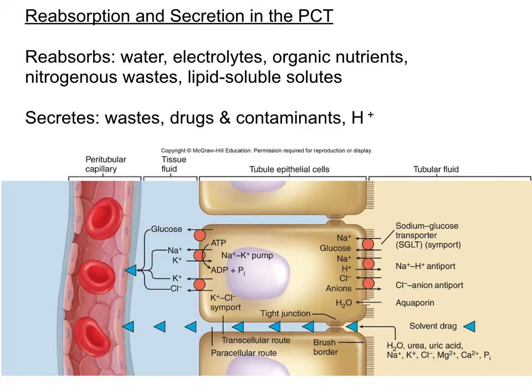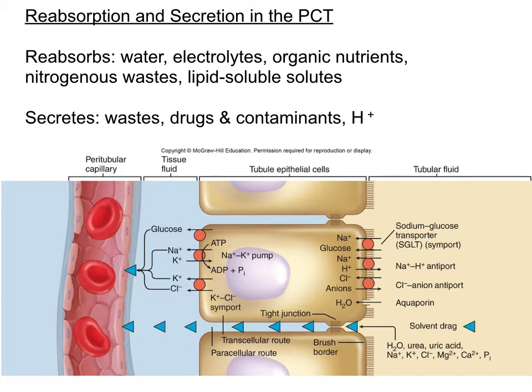Potassium, magnesium, and phosphate can pass through solvent drag through the paracellular route. Also, phosphate can be co-transported, so it can go through the symports with sodium and get reabsorbed that way as well.